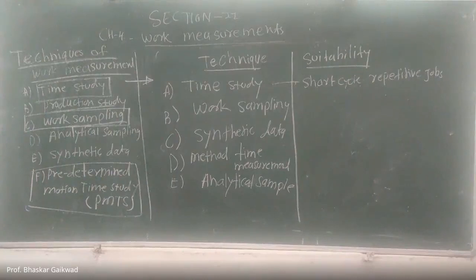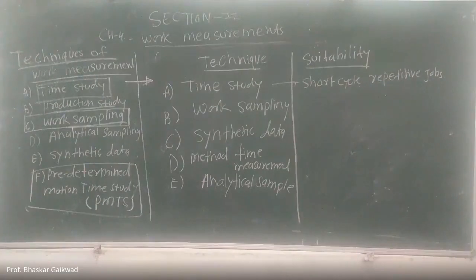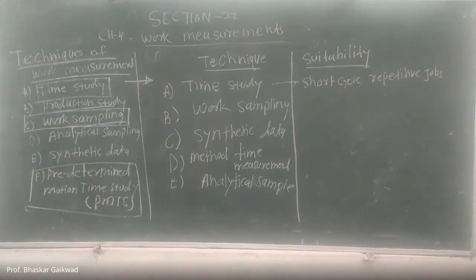Within a 20 minutes cycle time, jobs will complete within 20 minutes. It's short. And we have got the same orders again and again. When this is there, then the time study is necessary for work measurement. So when short cycle repetitive jobs are there, we can use the time study.